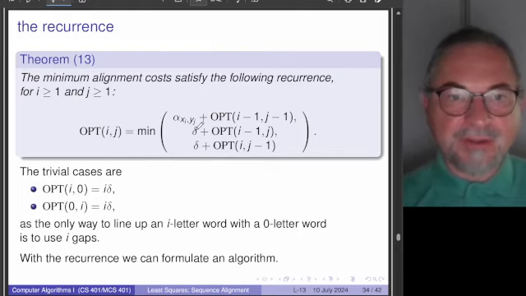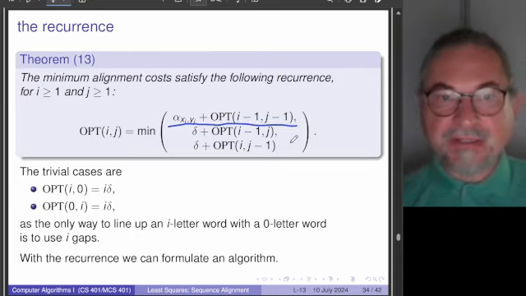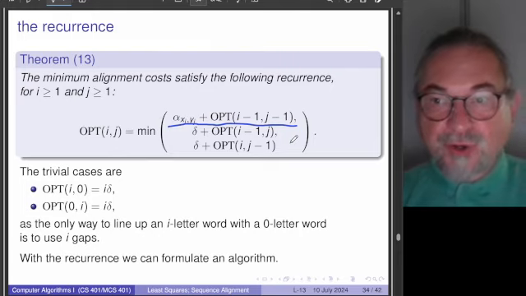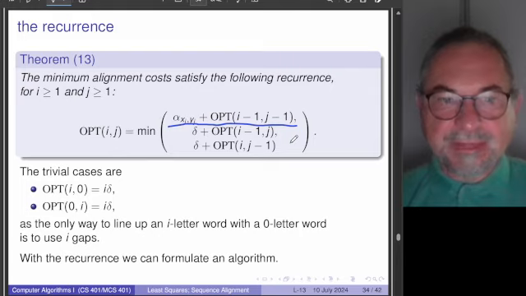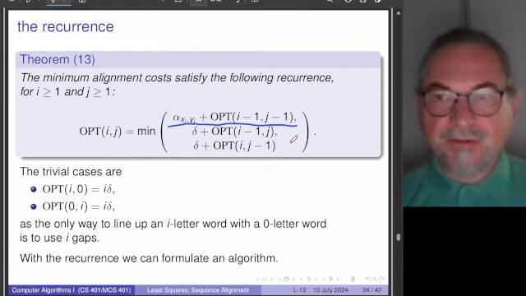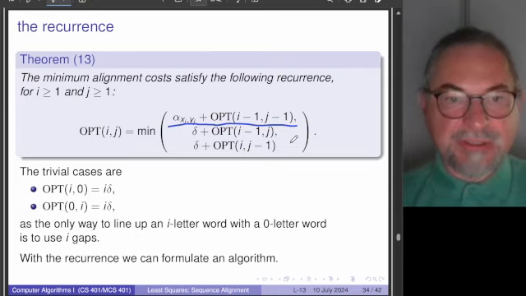So this is the first line that I just read here. And then we have the two other cases that are symmetrical. When we skip either the ith character or the jth character, we have a gap cost to consider. Now this will lead to a recursive algorithm where the base cases are where we have an empty word. Either the second word is empty, and then we can only do the alignment with gaps. So we have as many gaps as there are characters in the first word, and the other situation is symmetrical.